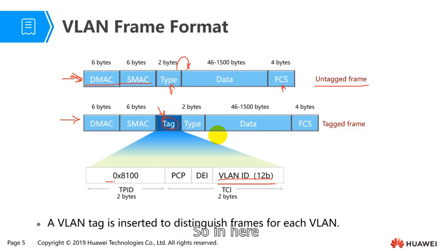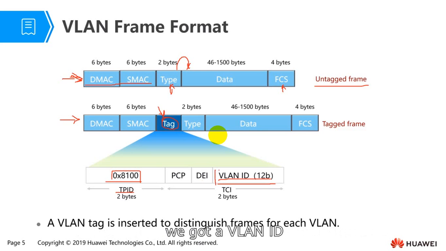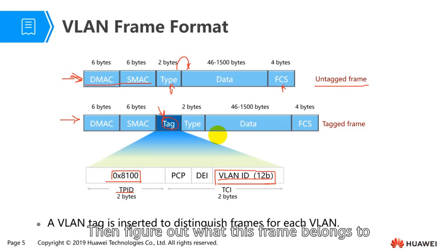So in here there is a TPID. The value is 8100. This value just identifies that this is a tag. In this tag we have a VLAN ID, which identifies which VLAN this frame belongs to.